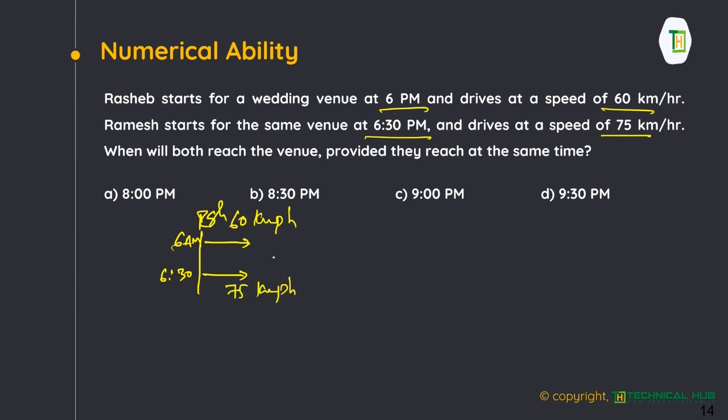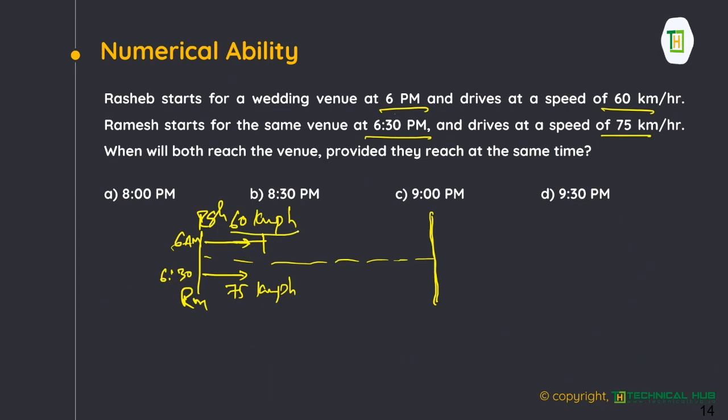According to the question, both reach the venue at the same time. If you observe carefully, the second person, Ramesh, started half an hour late. In that half hour, how much distance is covered by Rushdie?